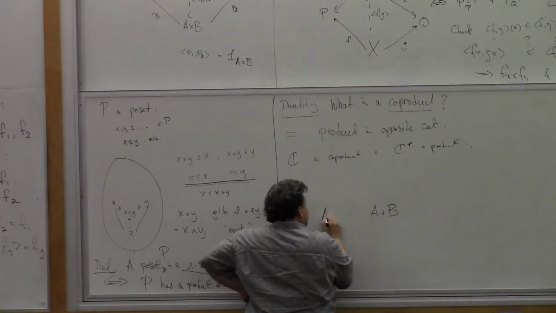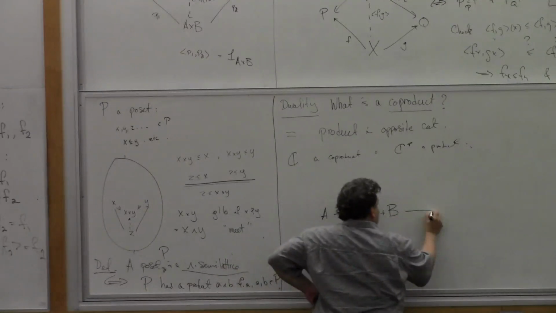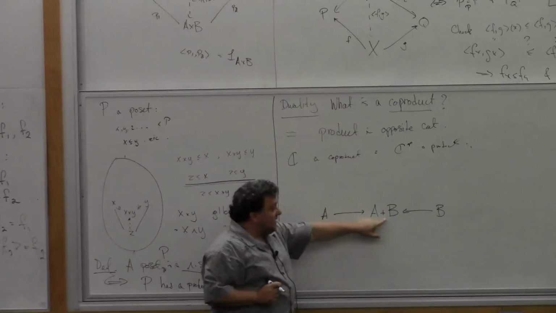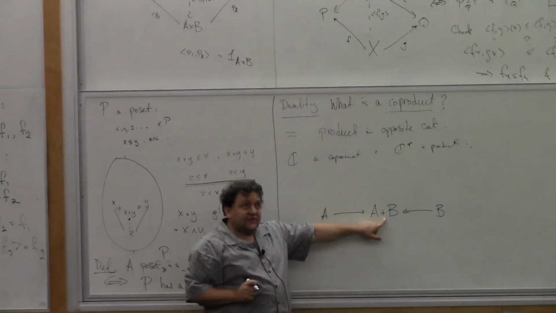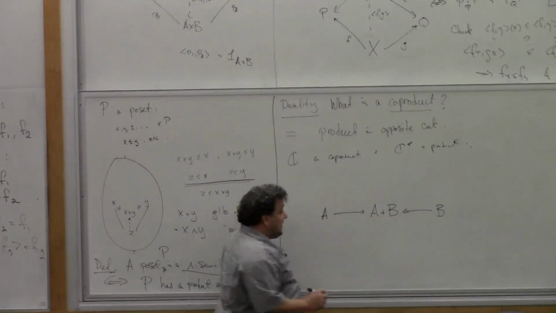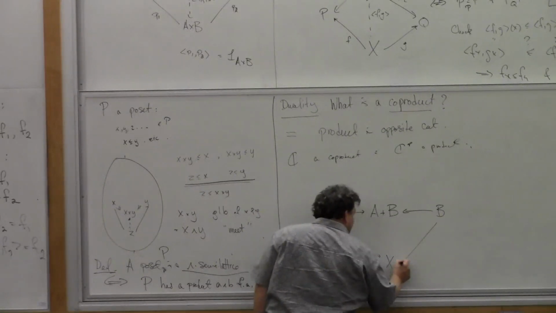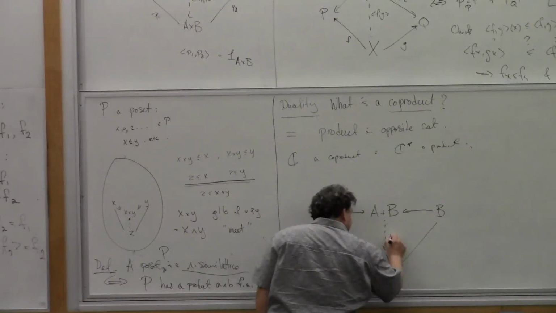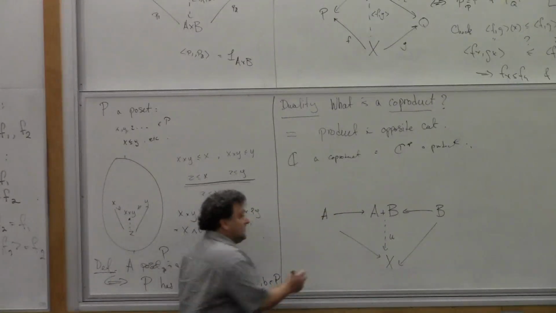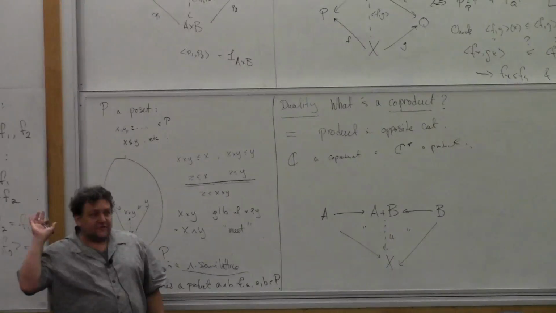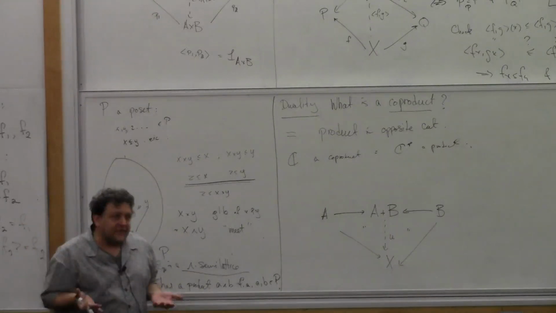And now it's equipped with a pair of maps into it rather than out of it, because we're working in the opposite category. And it's the universal such thing. So that means given any other object and a pair of maps into it from these guys, there's a universal thing here, making these guys commute. So that's exactly the definition that I just gave you for a product, except I've reversed all the arrows.